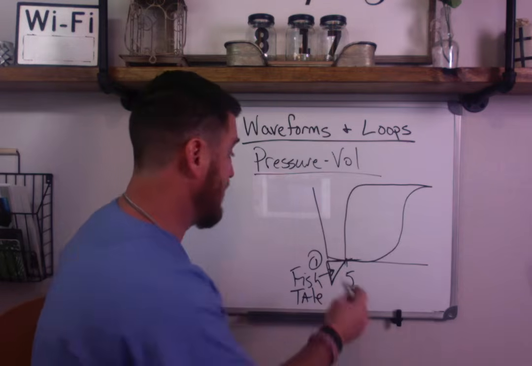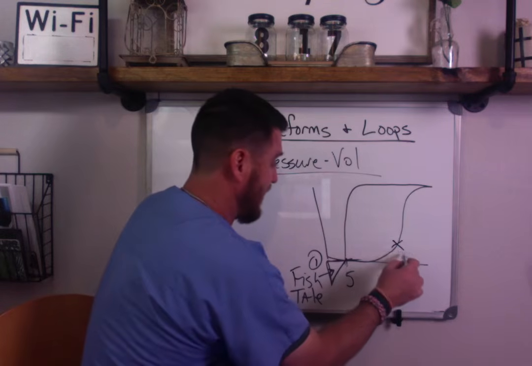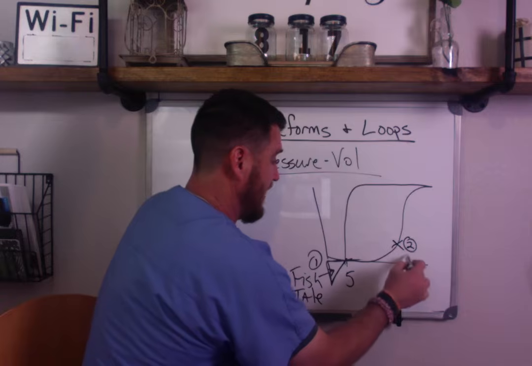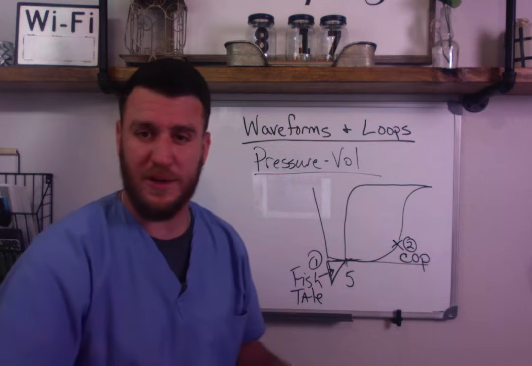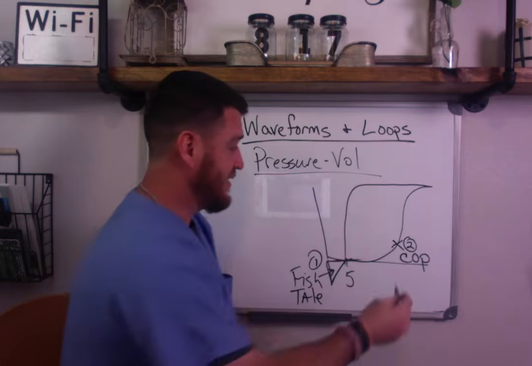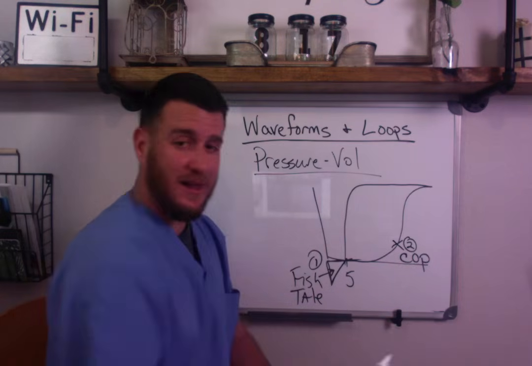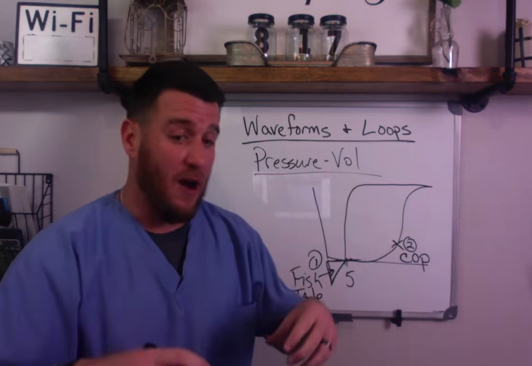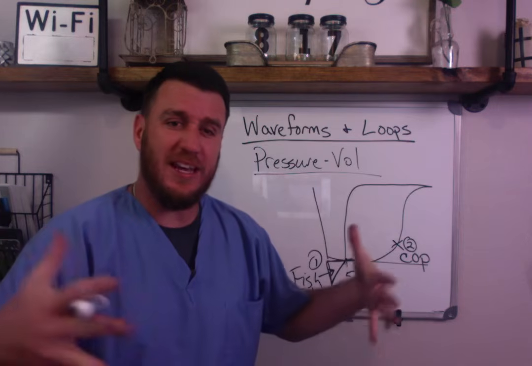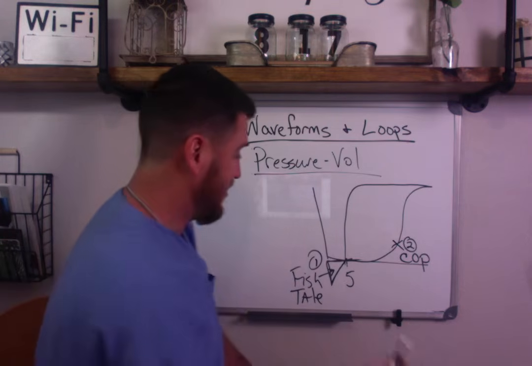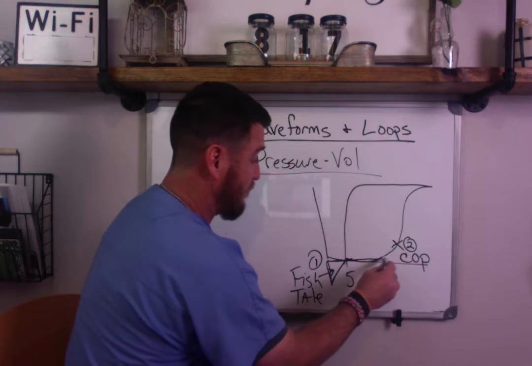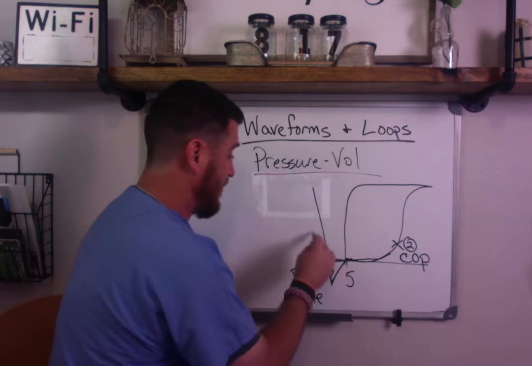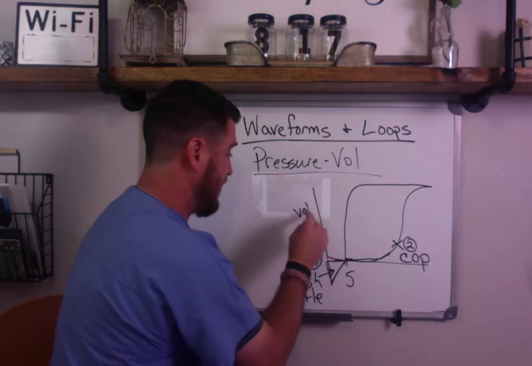Okay, now as we move around, we get over here to this point, and this is point number 2, and this is critical opening pressure, okay, or critical opening point. This is the point at which the alveoli are now open and are going to easily accept volume. If you look at this, you realize that the first part of this, there's a high level of pressure, but not very much volume. Volume goes here. This is volume.